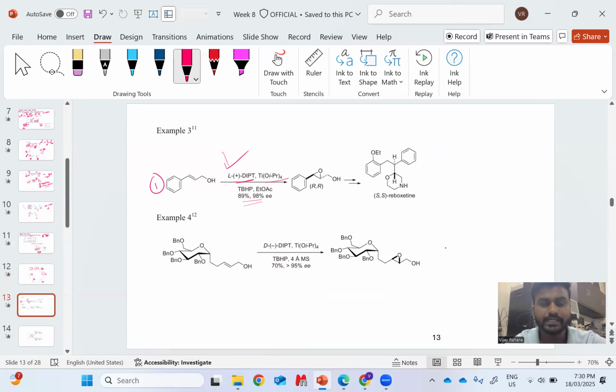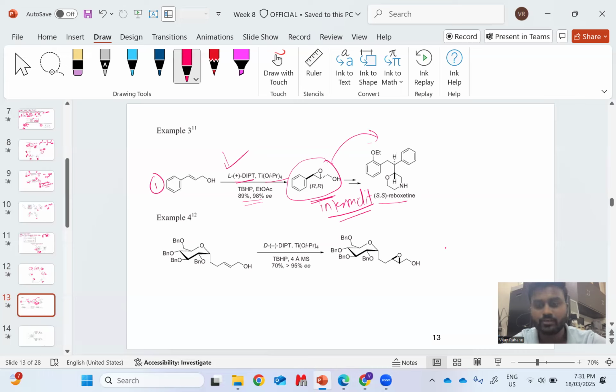It gives the 89% yield with 98% enantiomeric excess. So this is one of the intermediates, and this is further converted into the active starting material for the formation of the (S,S)-reboxetine.